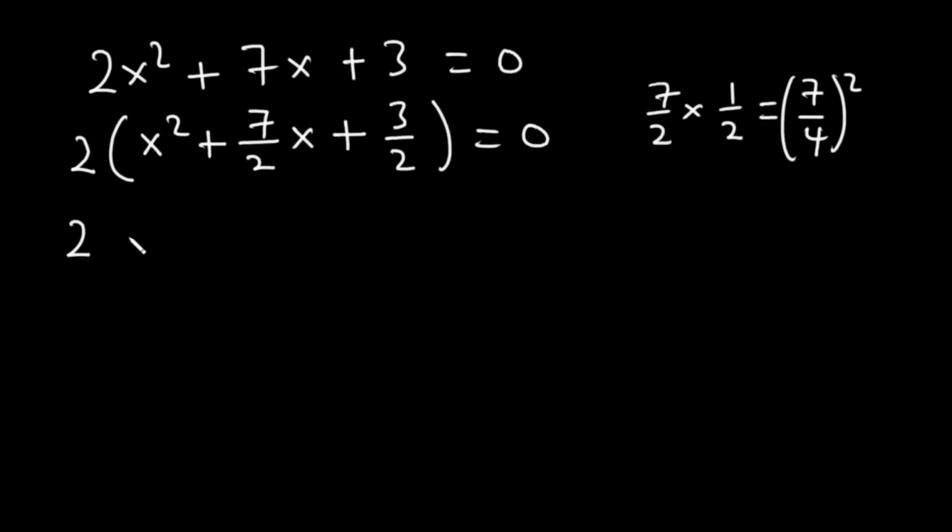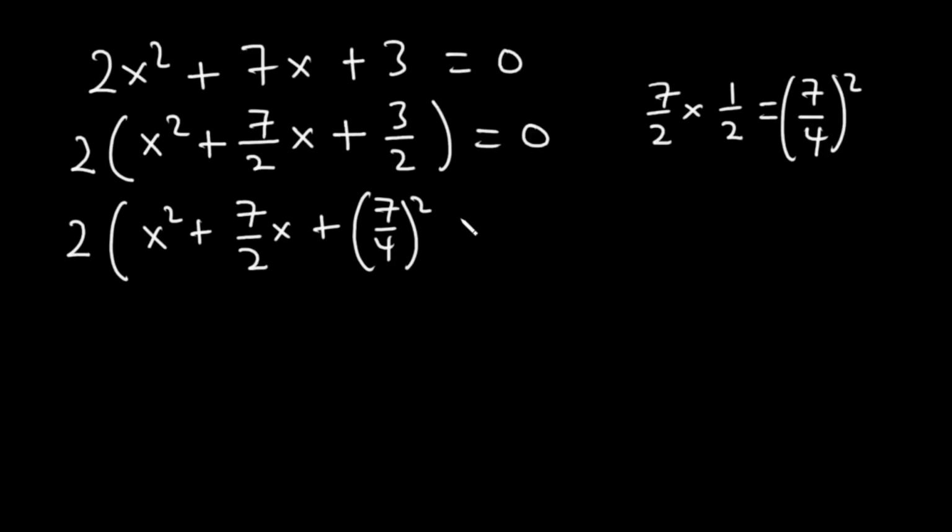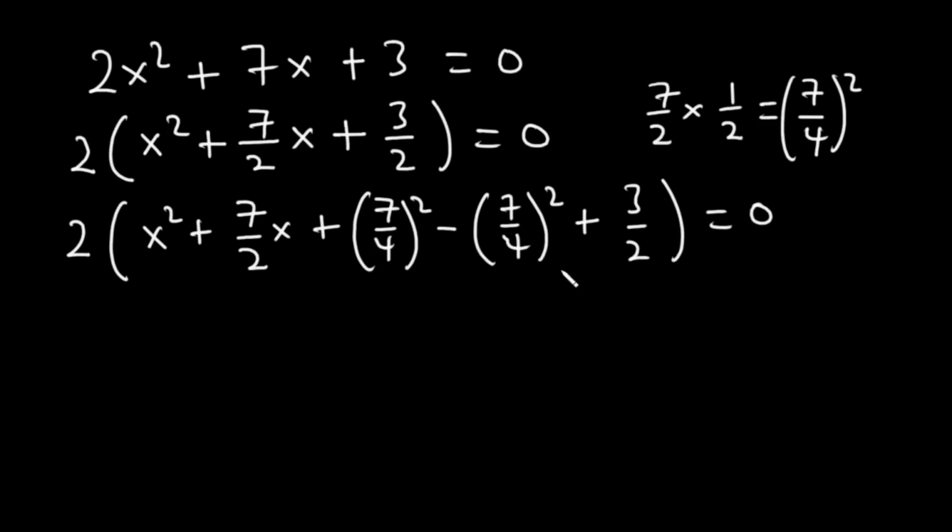So it's going to be 2 into bracket x² + 7/2 x + (7/4)² - (7/4)² + 3/2 = 0.